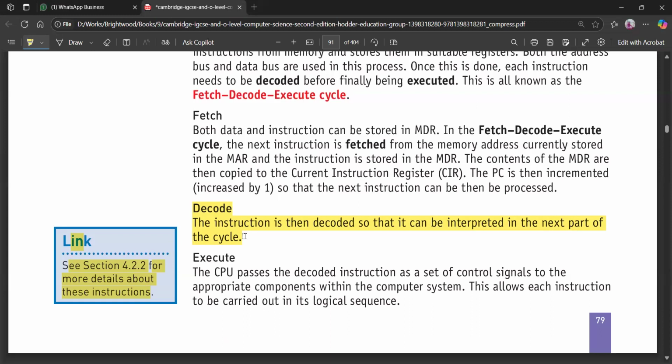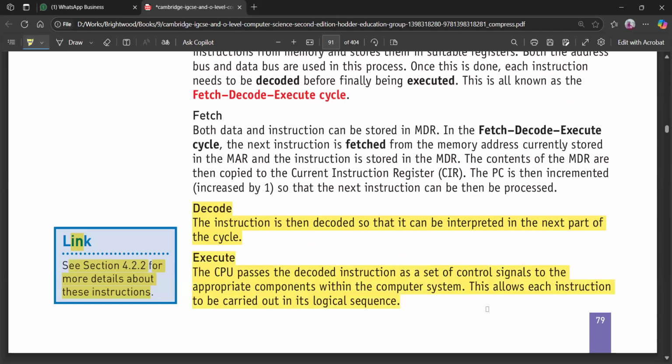Decode is the interpreting part, and then there is execute. Execute comes after decode has interpreted the instruction for the next part.